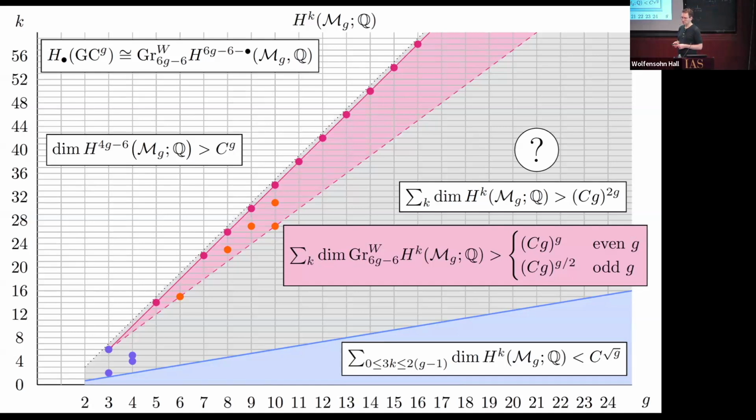Do you have any intuition on whether you expect some of the dimensions to be close or very far away? How far away the actual sum is from the lower bound? Yeah, maybe this is kind of redundant given Alice's question, but this is very interesting. This is similar to the question Alex asked.